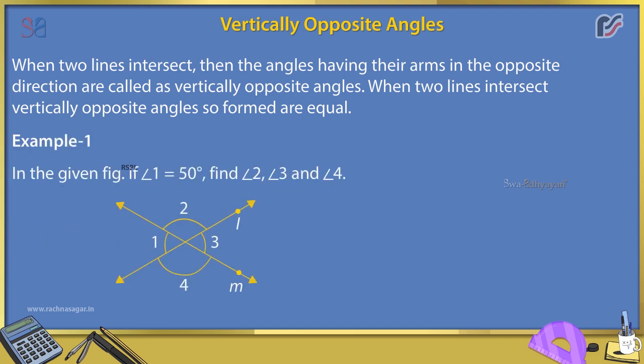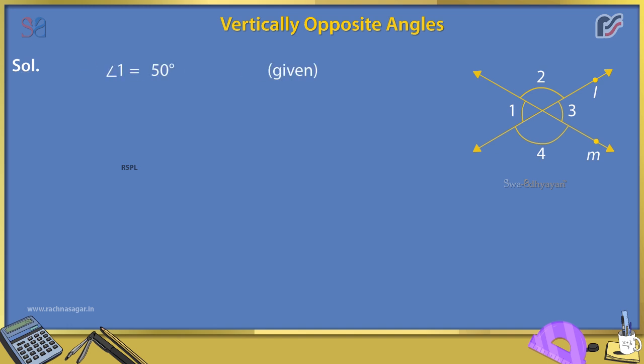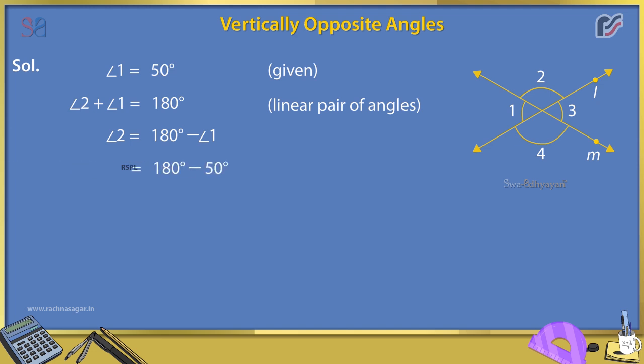Example 1. In the given figure, if angle 1 is equal to 50 degree, find angle 2, angle 3 and angle 4. Solution. Angle 1 is equal to 50 degree. Given. Angle 2 plus angle 1 is equal to 180 degree. Linear pair of angles. Angle 2 is equal to 180 degree minus angle 1, which is equal to 180 degree minus 50 degree, which is equal to 130 degree.